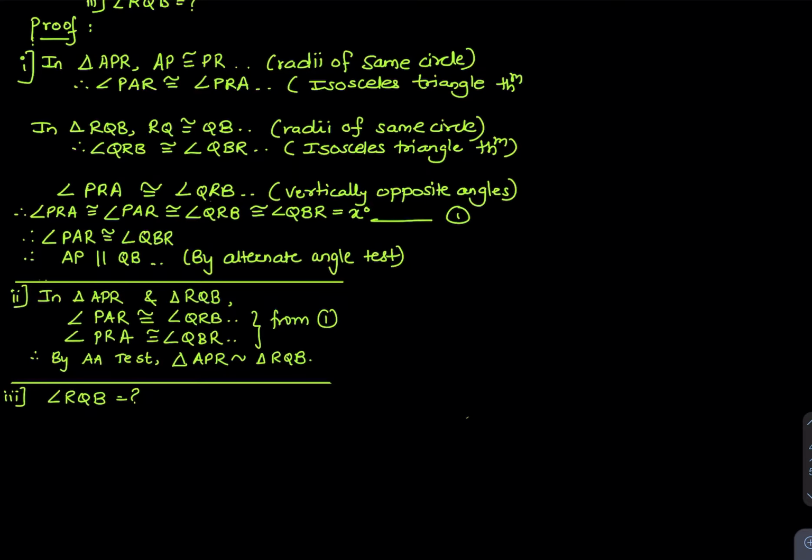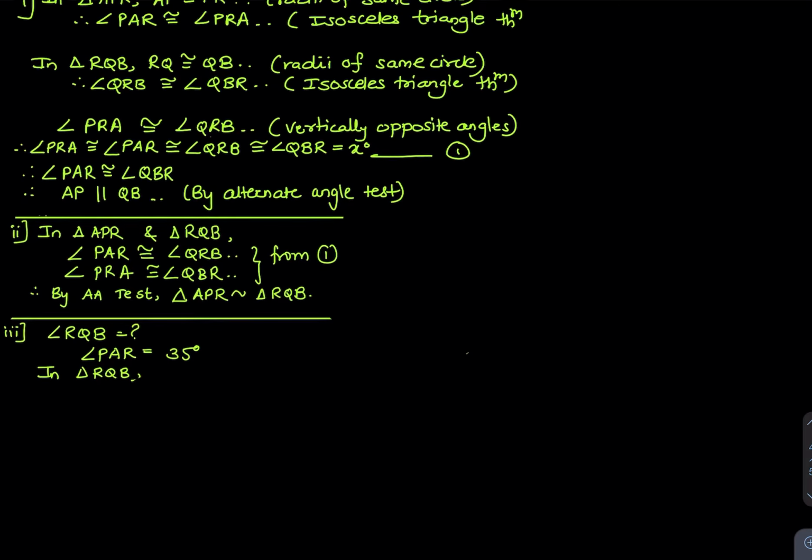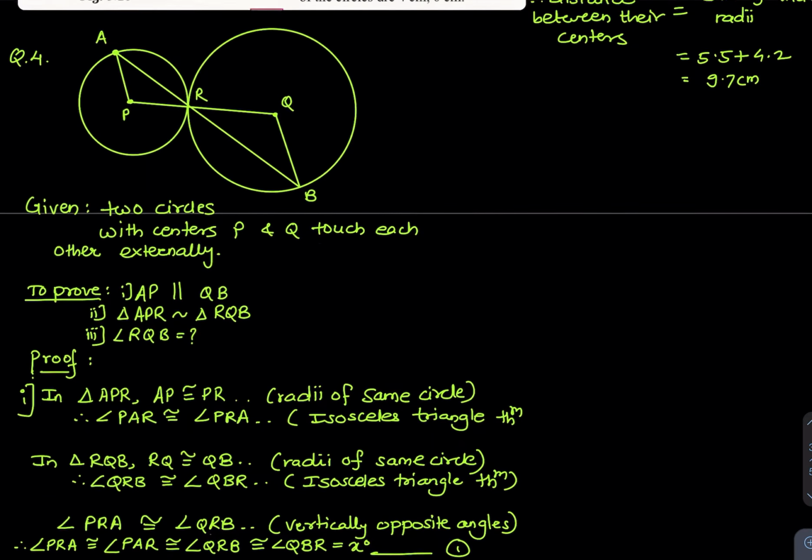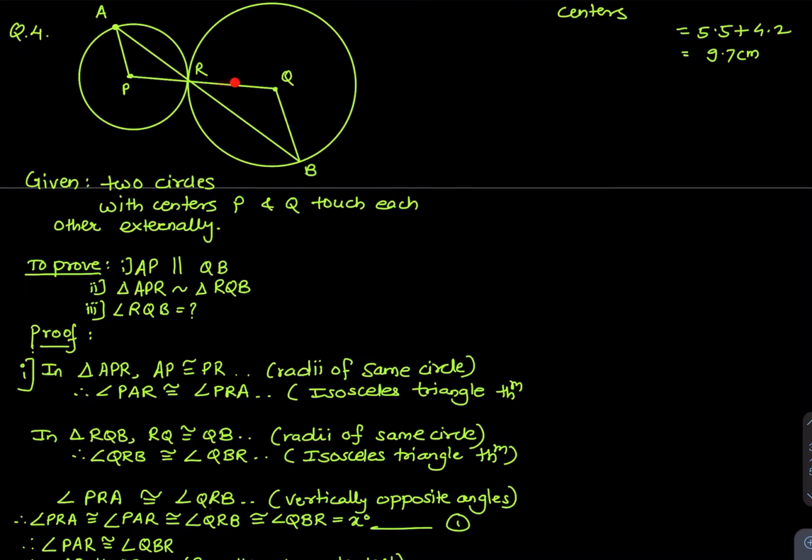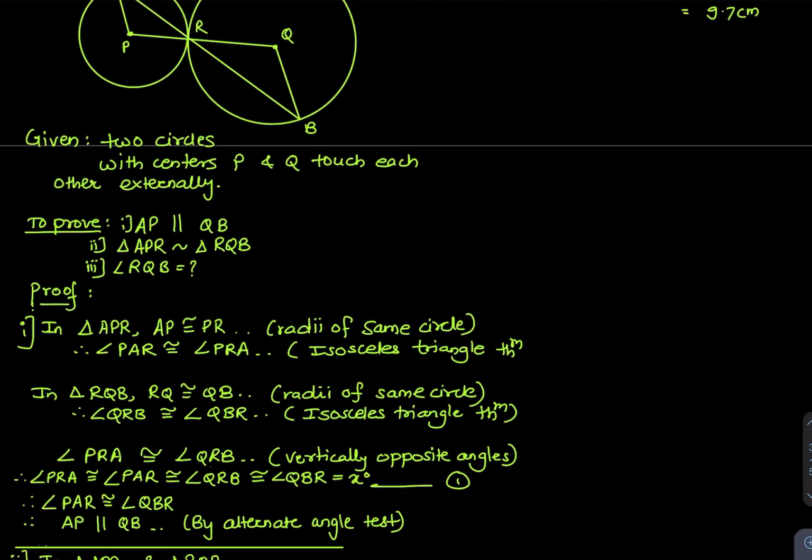Then for the third, we are asked to find angle RQB. We are given angle PAR, which is 35 degrees, and here we have written that PAR is the same as R. No, PAR is not the same as RQB. So we will take the triangle. See this triangle. In this triangle, angle Q plus angle R plus angle B will be 180 degrees.